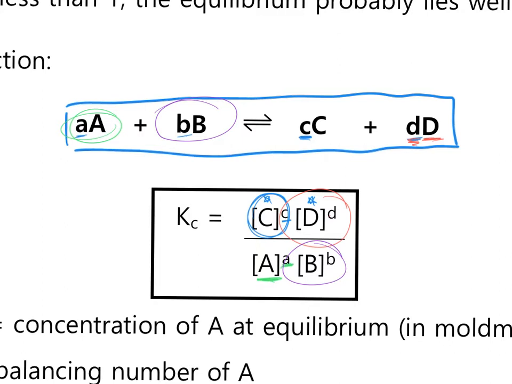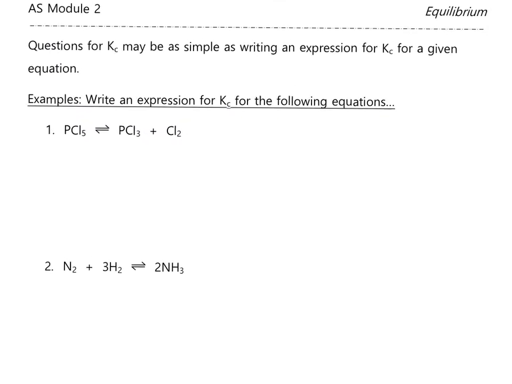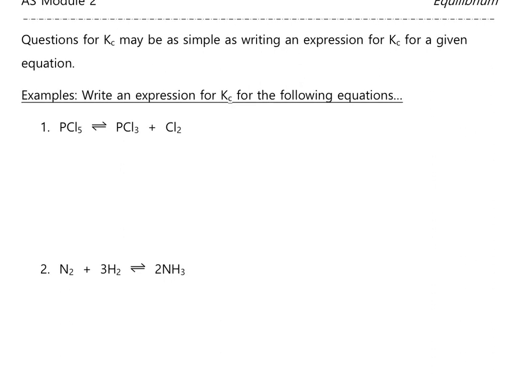So let's look at a real equation to see if we can write this expression for Kc. So over on the next page, let's look at example 1. We've got a simple reaction here, PCl5 reacting to give us, it's really decomposing to give us PCl3 plus Cl2. So let's write an expression for Kc, the equilibrium constant with respect to concentration.